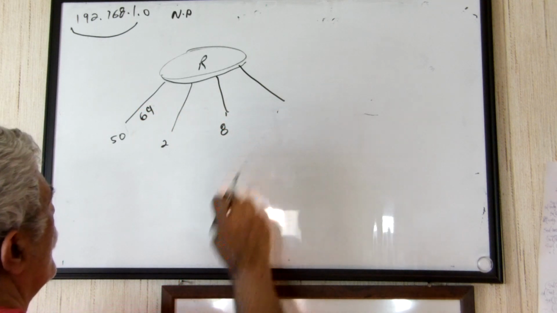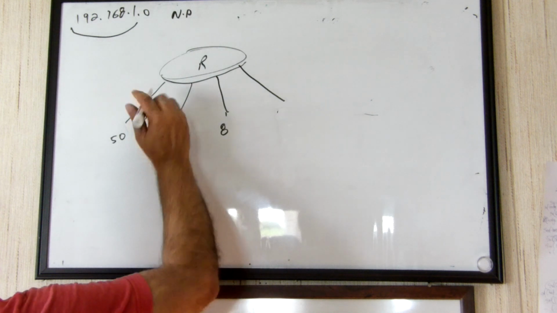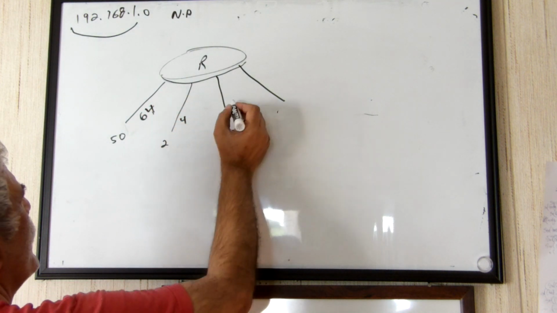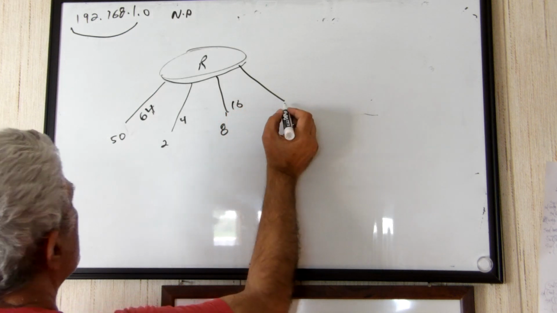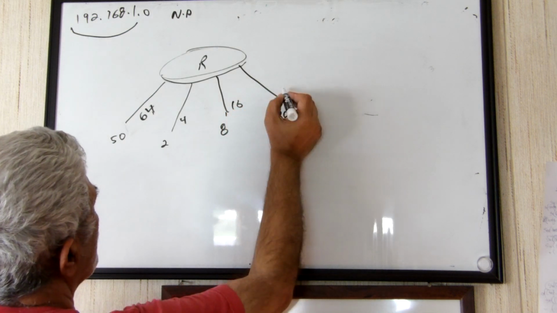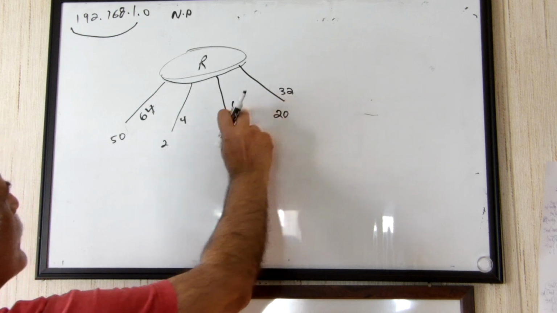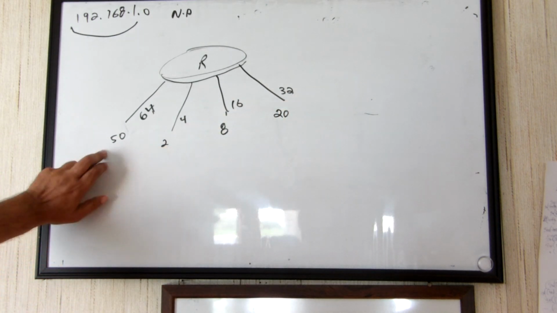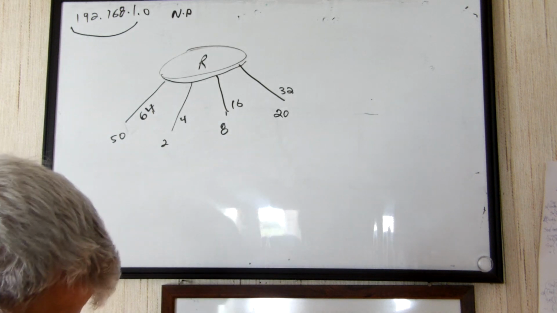Here you're going to have 4, the maximum 16, and suppose this is like 20, it's going to be 32. That provides 32 hosts. We need computers for departments like sales, we talked about it.